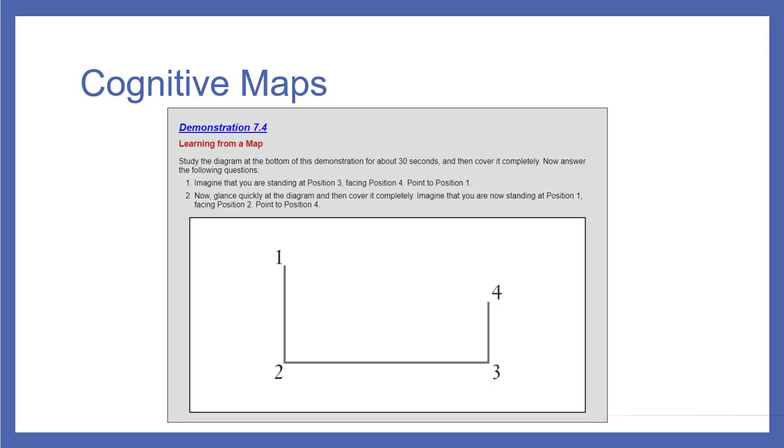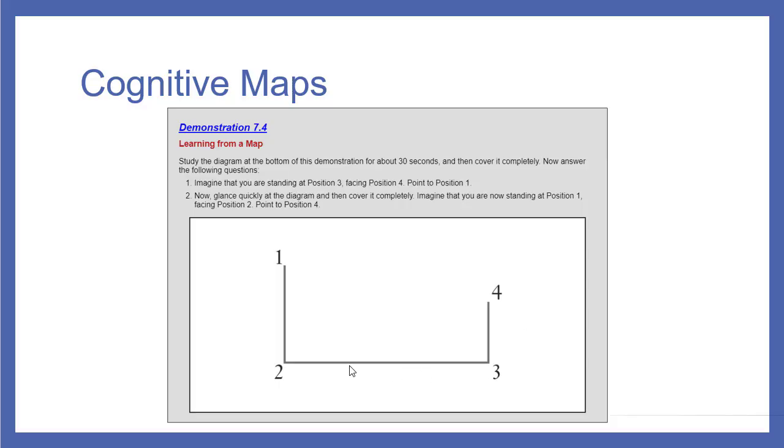You'd see some interesting results based on the orientation of the map you looked at. For example, where this is oriented with 1 on top and 3 at the bottom right, when you are orienting yourself to this and you're imagining standing at position 4, you point to position 1, it's reasonably accurate.